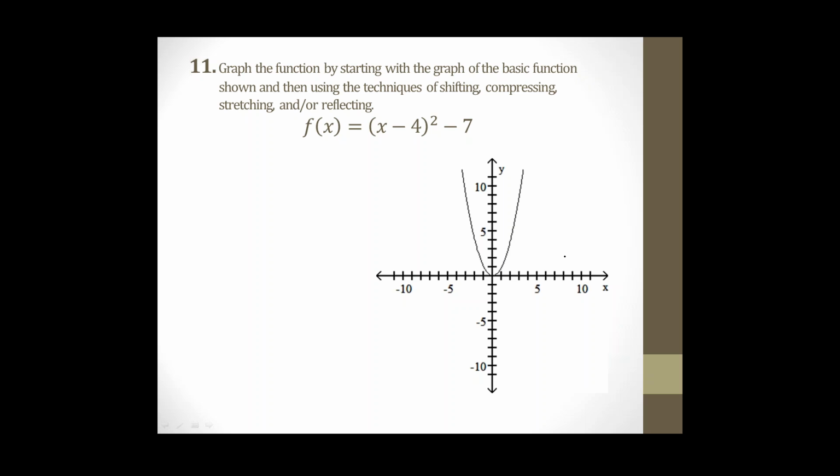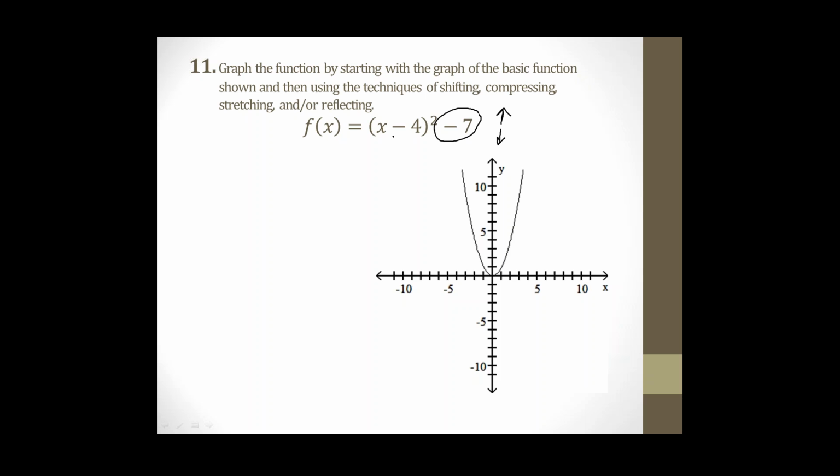So it is good to know, first of all, what are the basic parts of this equation. For example, this last part tells you with a parabola if the parabola is shifted up or down from its basic function.